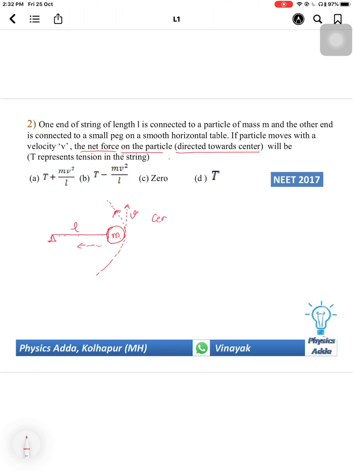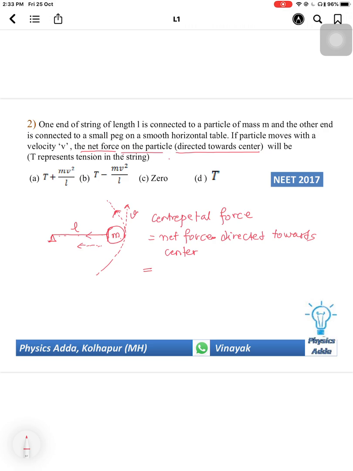That is centripetal force. So what is the value of centripetal force? This is the net force directed towards center.